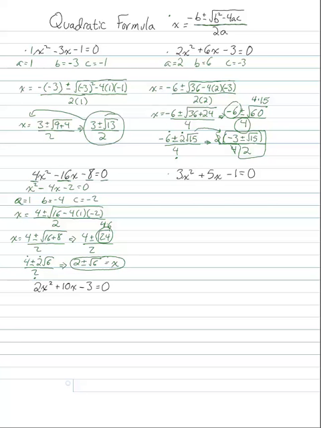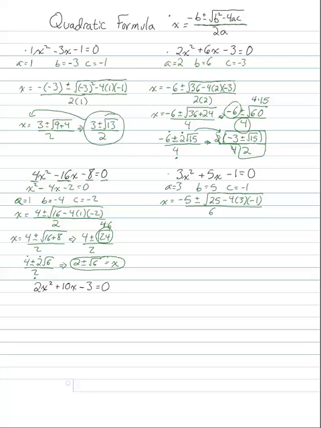So if I have 3x squared plus 5x minus 1, can't really simplify this at all. If I divide by 3, it's not going to help. So might as well just go from here. a is going to equal 3, b is going to equal 5, c is going to equal negative 1. So I'll get x equals negative 5 plus or minus square root of 5 squared is 25 minus 4 times 3 times negative 1, over 2 times 3, so 6.